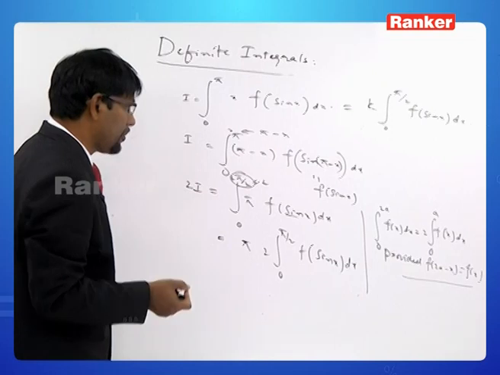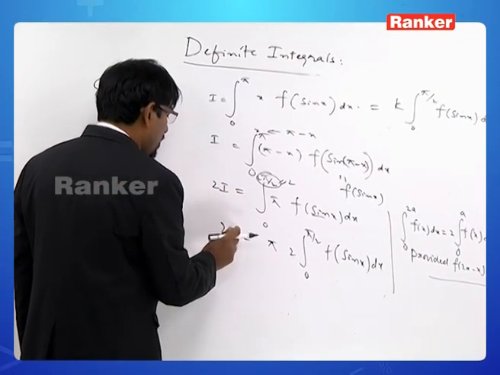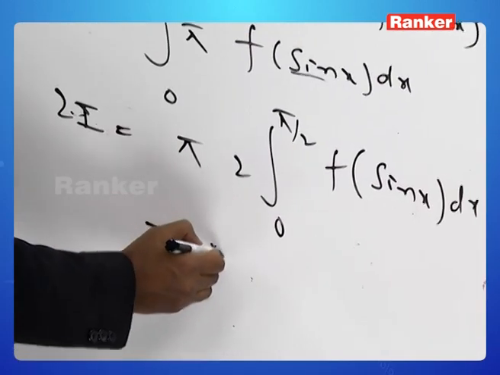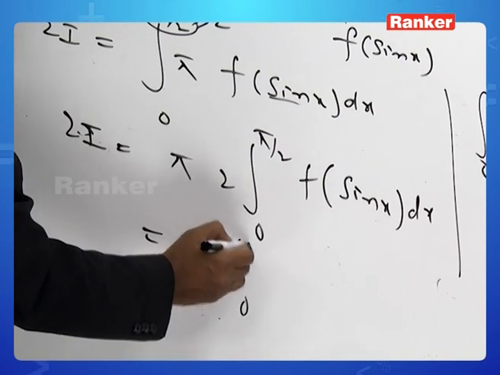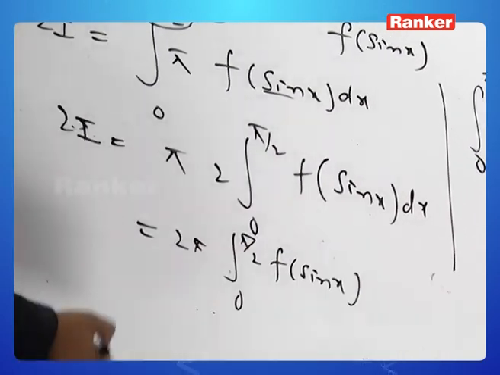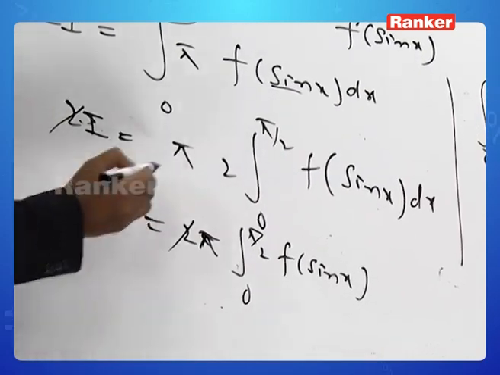So we can write it. Now 2I is equal to 2 pi into the integral 0 to pi by 2 of f of sin x. This 2 and this 2 can be cancelled, I is equal to this.